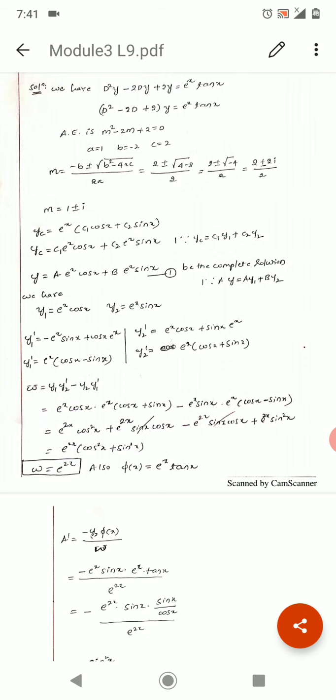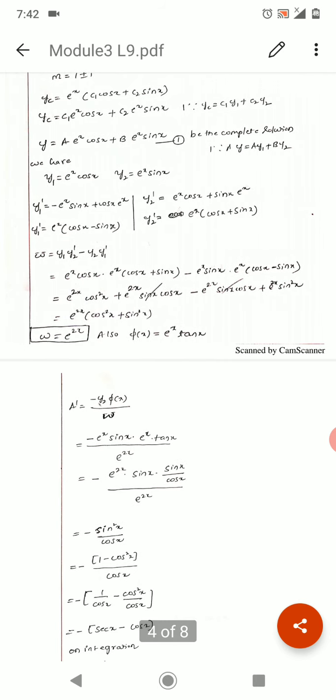Now we have y2 which is equal to e power x into sin x. This is also product of two functions. Therefore, y2 dash is equal to e power x into differentiation of sin x, which is cos x, plus sin x into differentiation of e power x, which is e power x. Again, e power x is common. Therefore, y2 dash is equal to e power x of (cos x plus sin x).